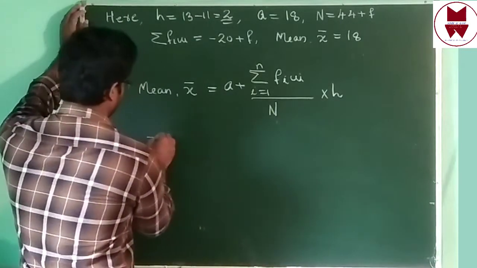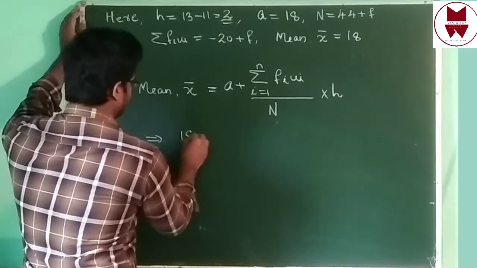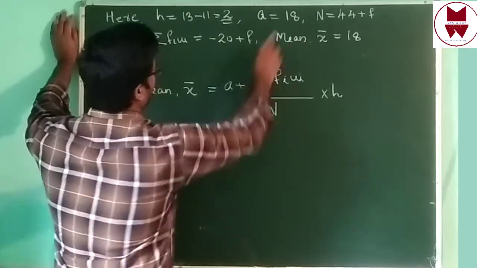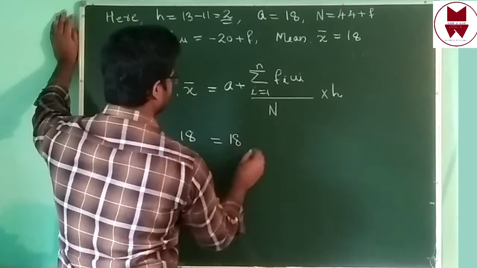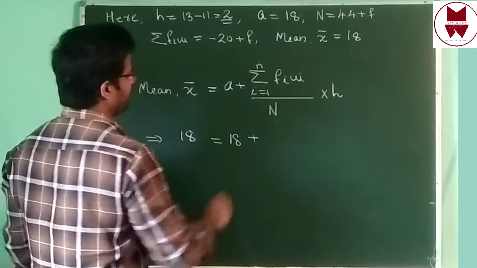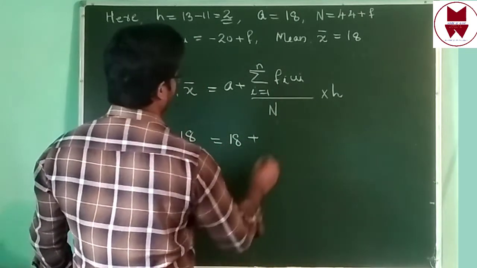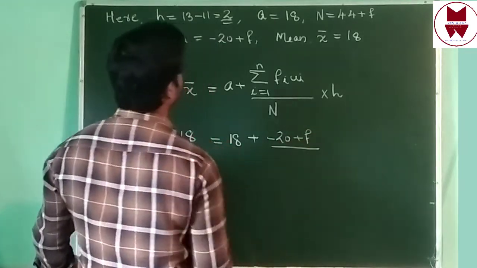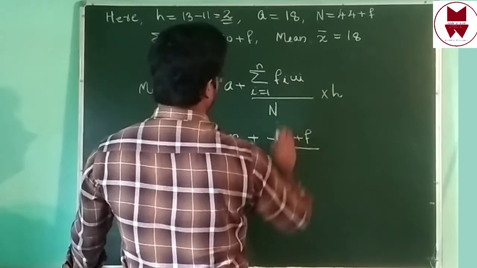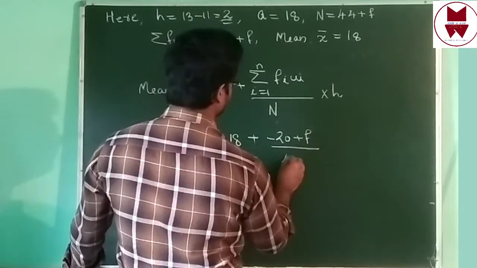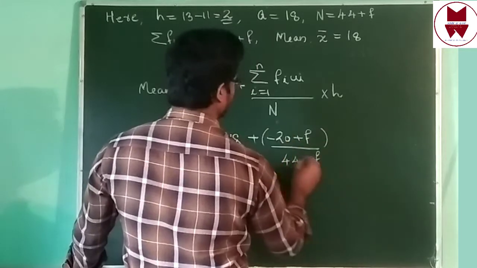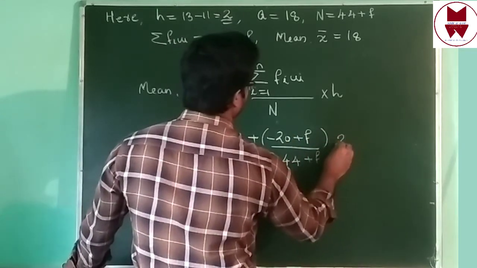Then x bar is 18, already given in the question. a also we took 18. 18 plus sum of f i u i, that is minus 20 plus f, divided by n, which is 44 plus f, into h. h is 2.